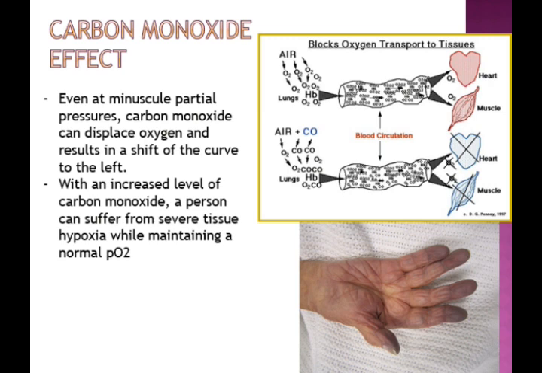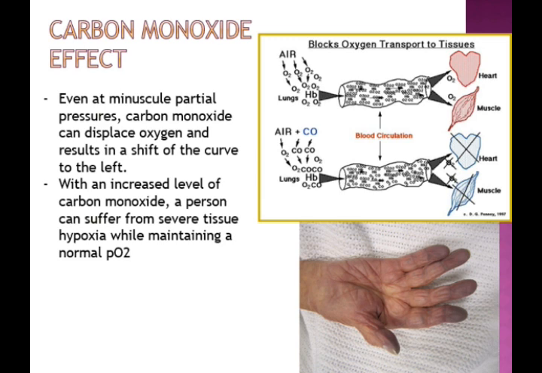Because the red blood cell is firmly gripped by CO. So no O2 coming in, no CO2 coming out. You get no oxygen, and then you get more acidity. Acidity causes your organs to fail, and no oxygen will also cause your organs to fail. So your heart and your muscle will be KO.